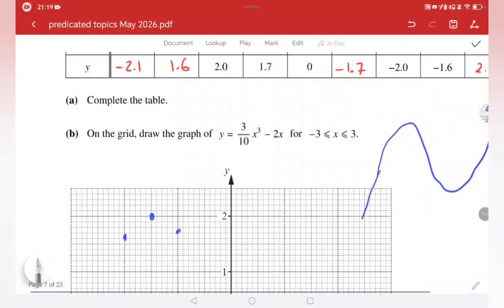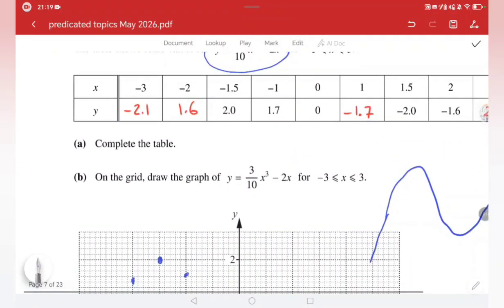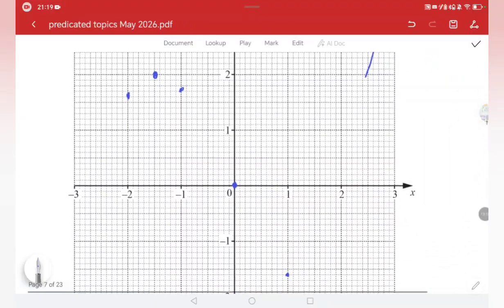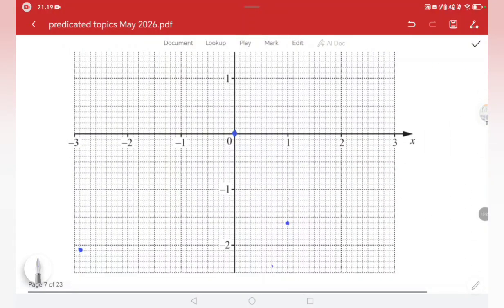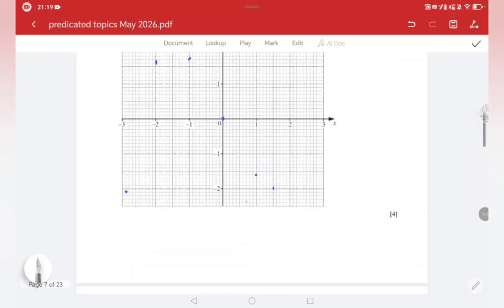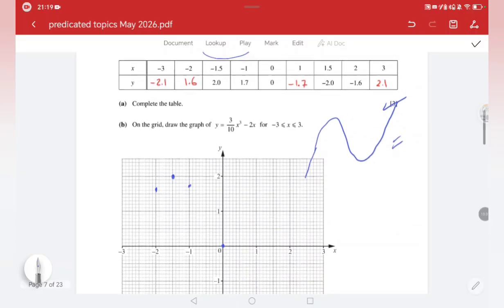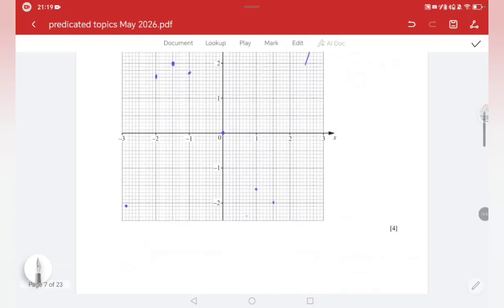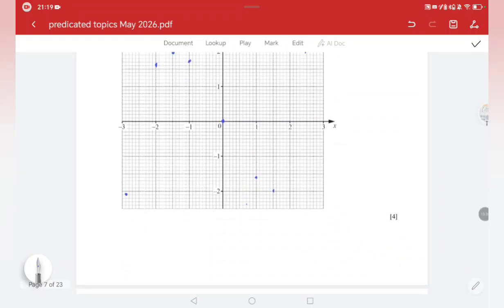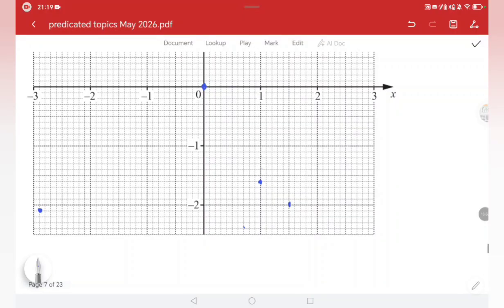Then what else? 1.5 and -2. 1.5. It's here. Then 2 and -1.6. 2, negative 1.6, negative 1.6.